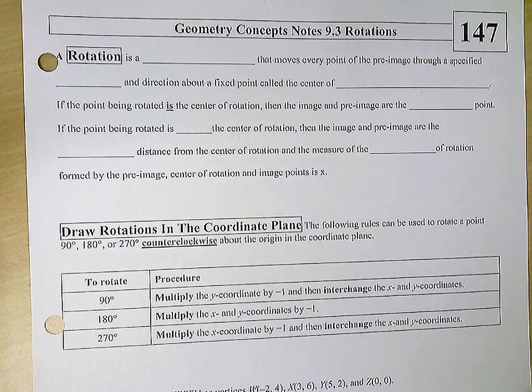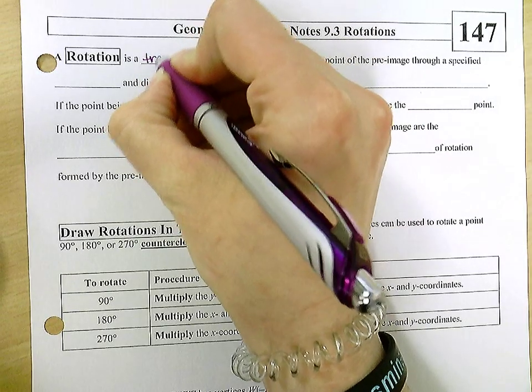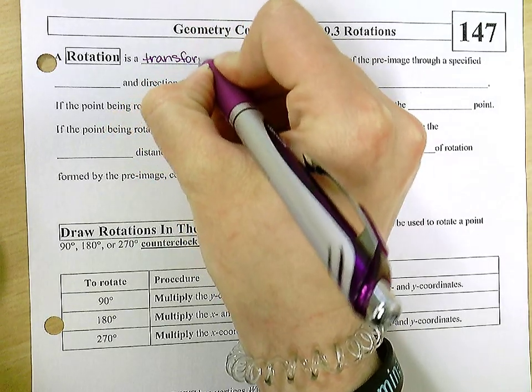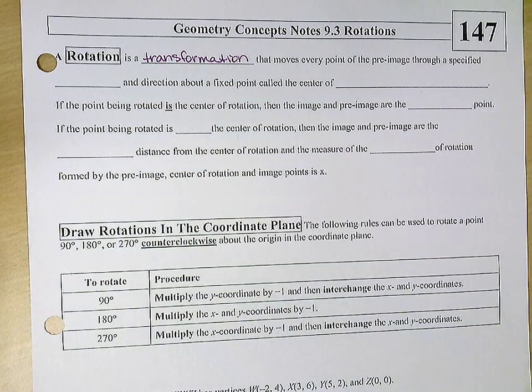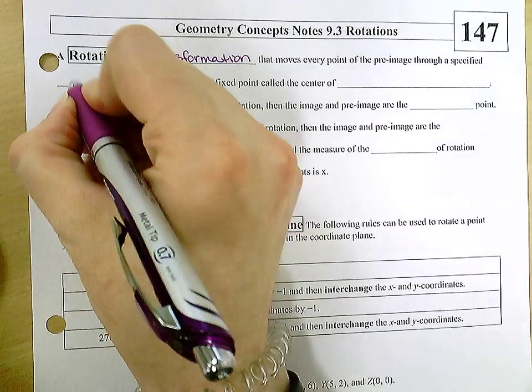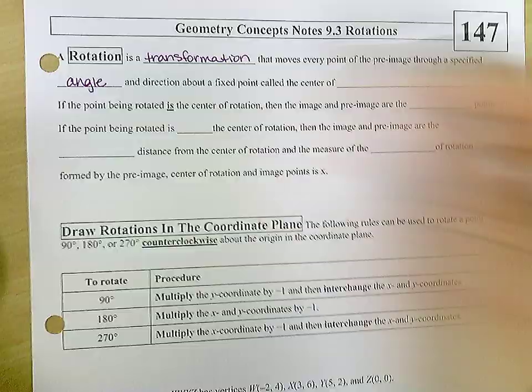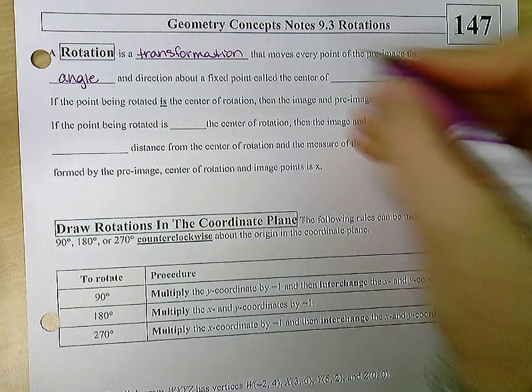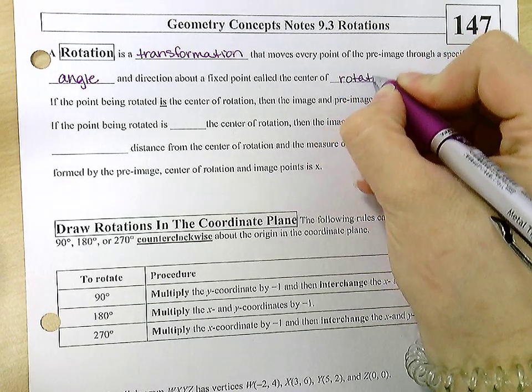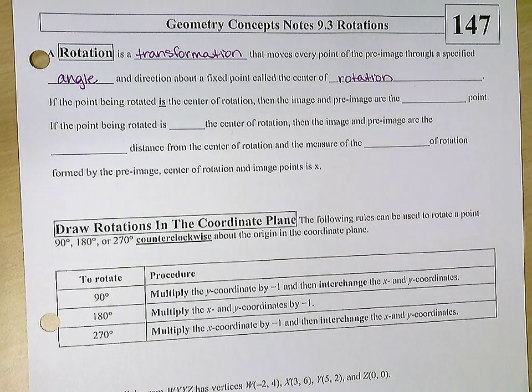So a rotation is a transformation that moves every point of the pre-image through a specified angle and direction about a fixed point called the center of rotation. So you're rotating every single point through a specified angle and in a certain direction.